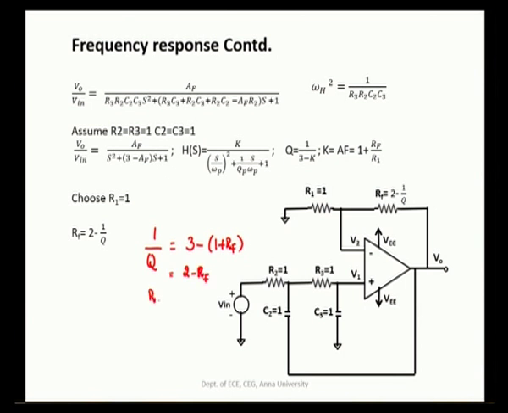So RF here is written as 2 minus 1 by Q. With the normalized values, the common values are substituted in the circuit. All these are 1, R1 is 1, and with that RF is 2 minus 1 by Q.